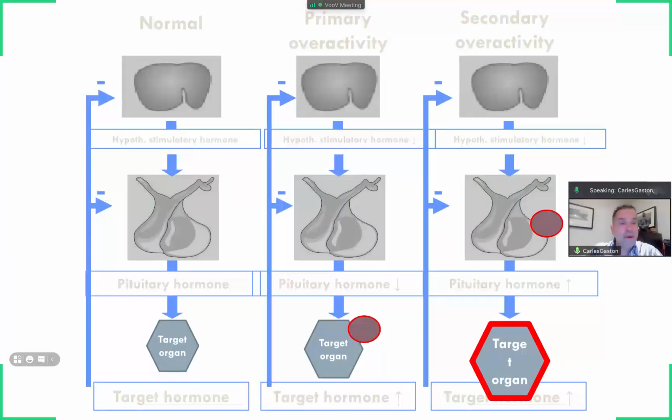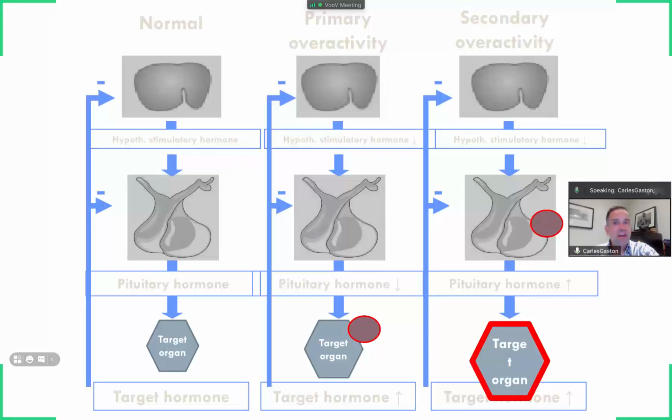At the same time, a tumor may grow in the pituitary gland, producing growth hormone or ACTH excess that will have an effect on the target organ, for example, the adrenal or the gonads, which then will overreact and produce more of the secondary hormone and affect the hypothalamus to reduce the releasing hormone.